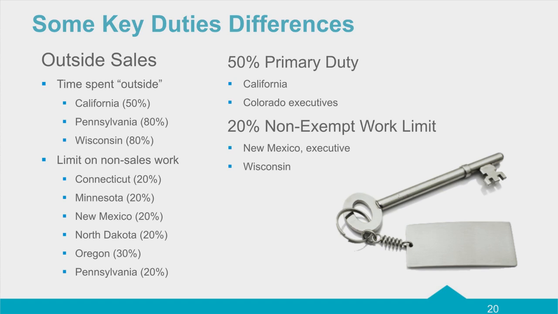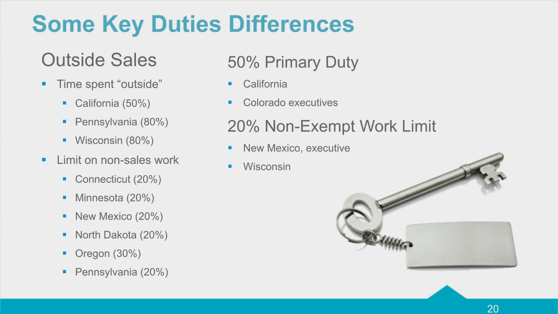So a lot of them deal with the outside sales exemptions, right? If you have sales employees, you're going to want to be mindful that there are a lot of key differences in a lot of different states, particularly with the time that you have to spend working outside. There are a lot of different limitations, time spent on non-sales work.